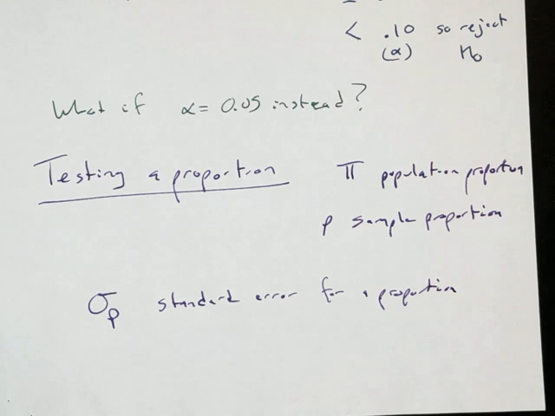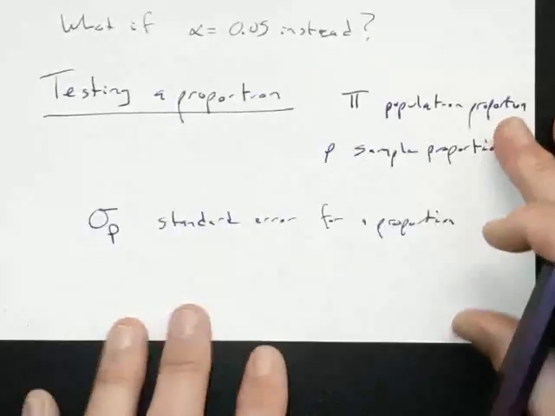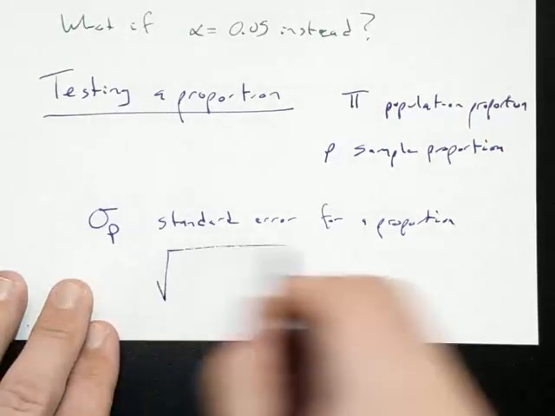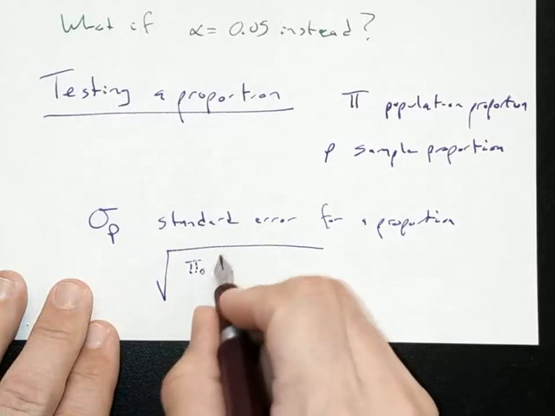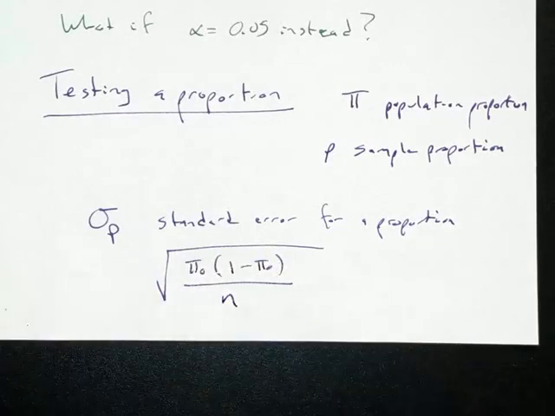If you go to the formulas at the end of chapter 8, that should be there. I think we used p times 1 minus p over n.